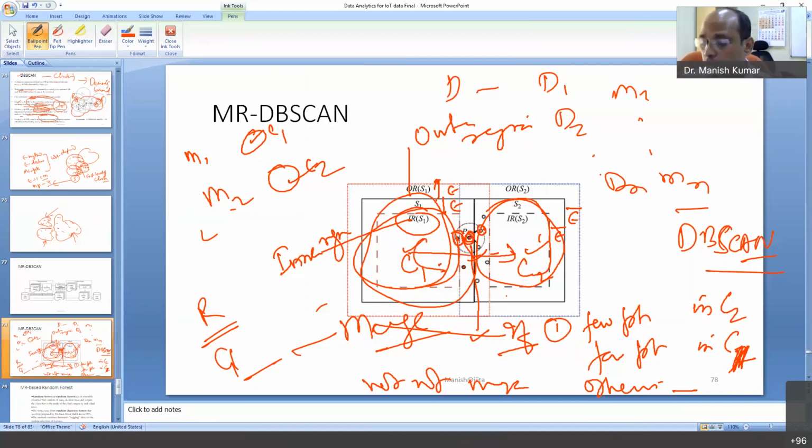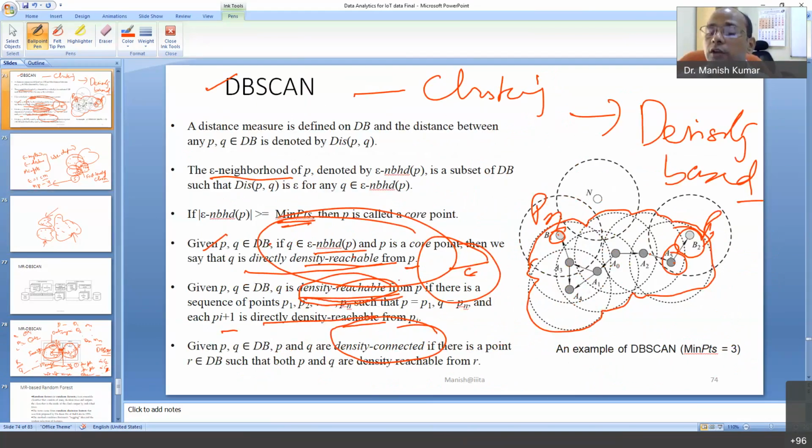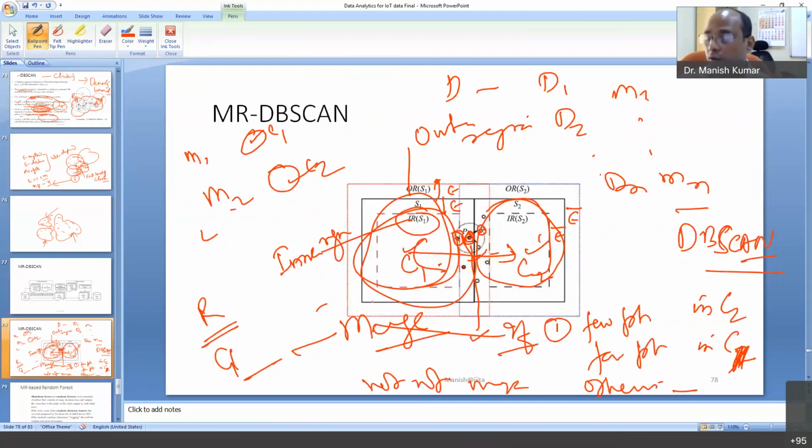By virtue of density reachability, I can merge these two clusters. Such investigations need to be executed for all the sets of clusters for merging, and this is done by the reducer part.